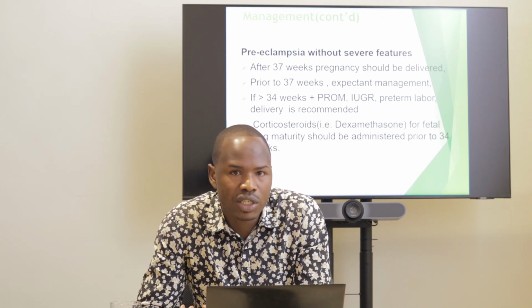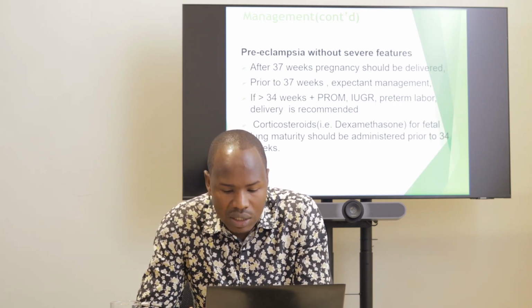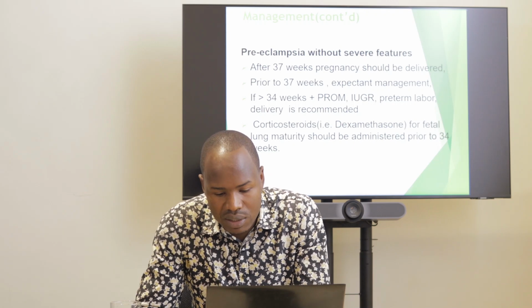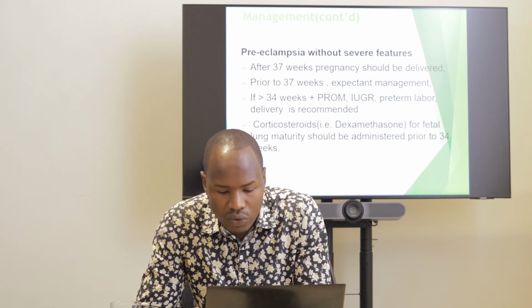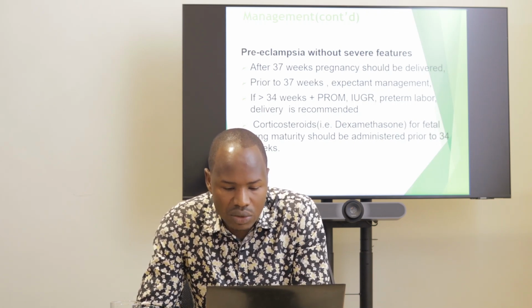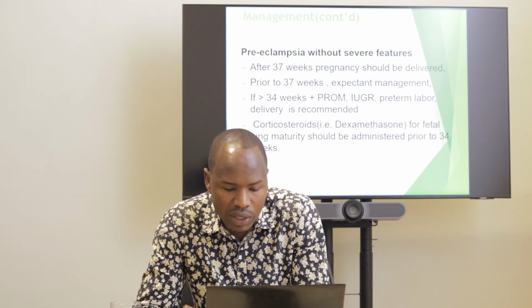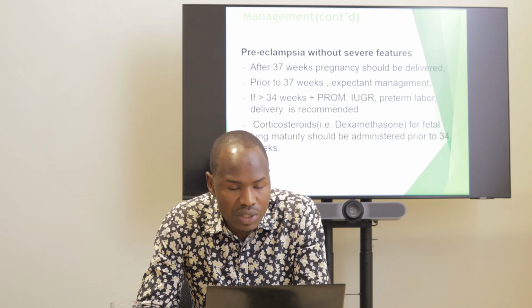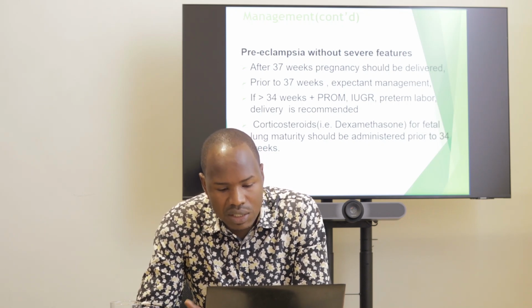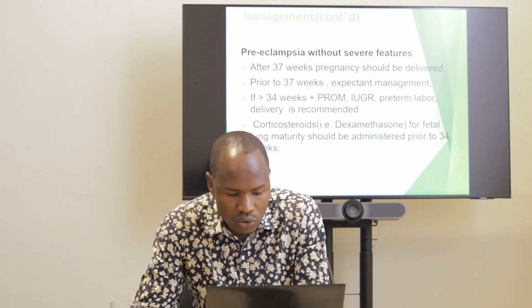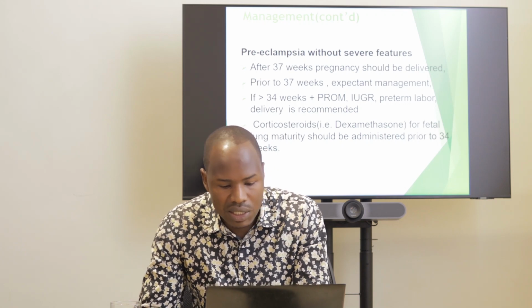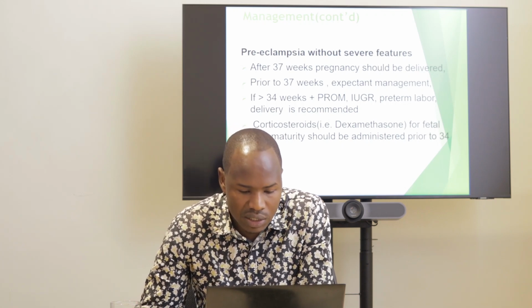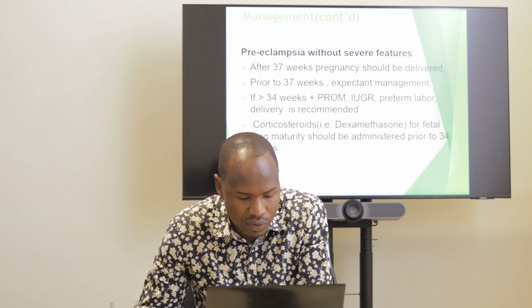There is no production of surfactant that prevents lung collapse before these 34 weeks. So we have to make sure that we give corticosteroids. In our country, we are using dexamethasone to promote this lung maturity when gestational age is less than 34 weeks.